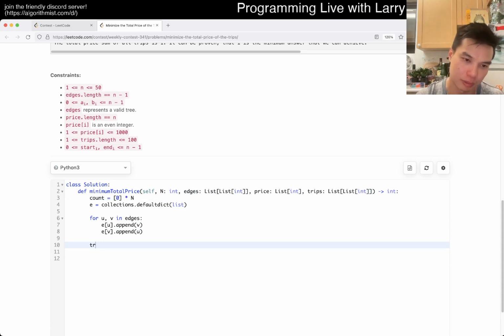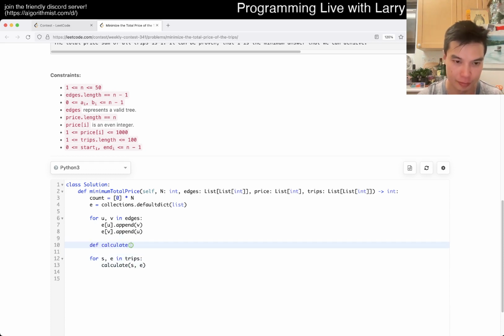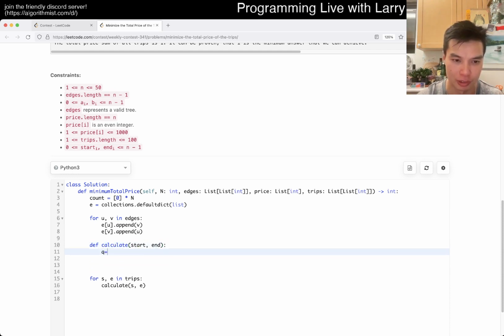And then for start and end in trips, calculate the path. This is something that I actually expect other people to have templates for, so I don't think it's that bad.